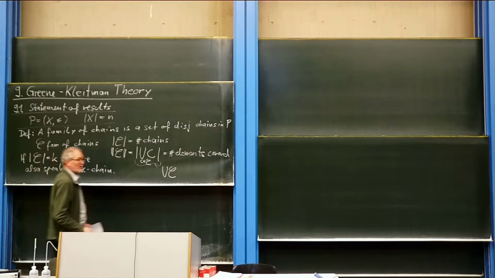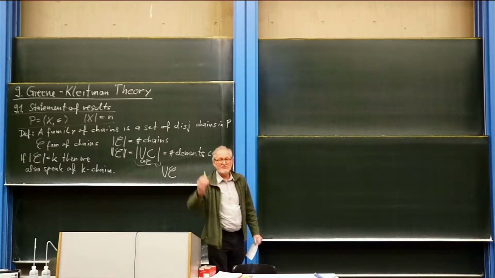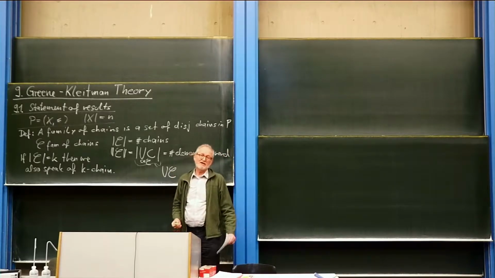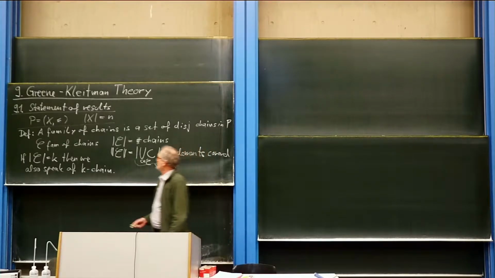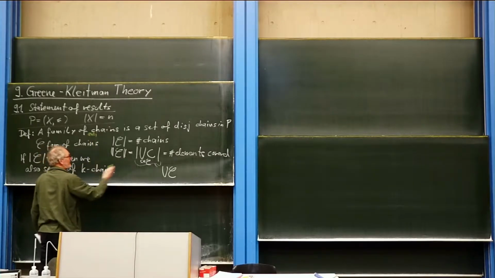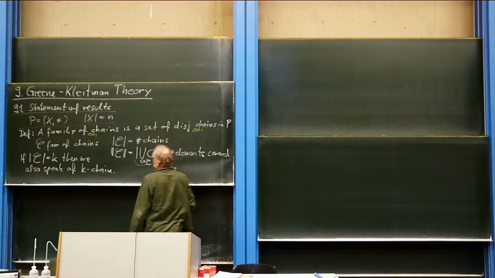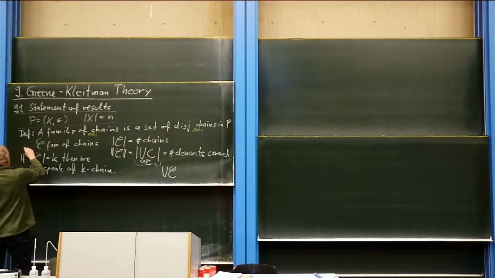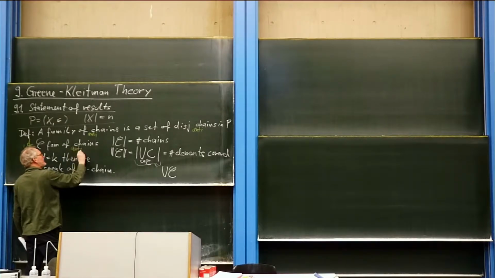And of course, the same terminology can be applied to antichain families. So, a family of antichains is a set of disjoint antichains in P, and typically we use the symbol A for a family of antichains.